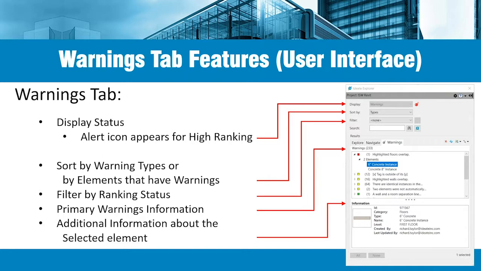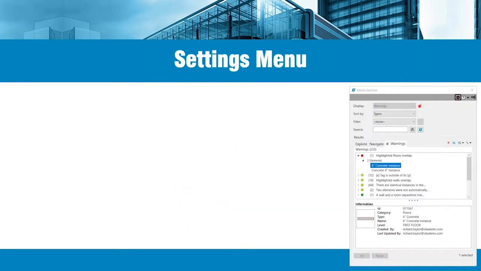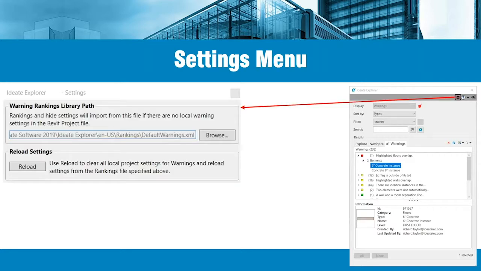And then, as I mentioned, there is the settings menu. The settings menu accesses the default rankings file. What we're very proud of with Ideate software is that no matter what solution you're using, whether it's our BIM Link solution or our Ideate Explorer, our renumbering tools under Ideate apps, we're giving you a lot of information to start with. We're not saying you have to create all this.